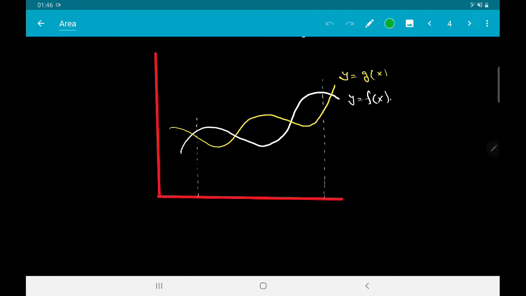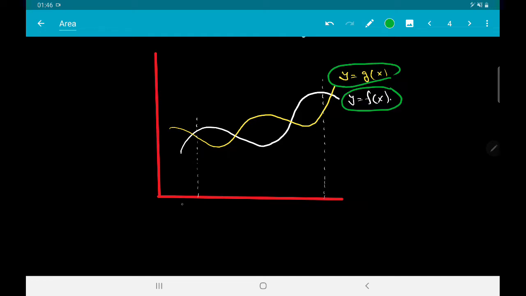So suppose we are given such a situation, where the white line is represented by the equation y equal to f(x), and the yellow graph is given by the function y equal to g(x). And for the sake of convenience, I have taken these two functions to be continuous functions.